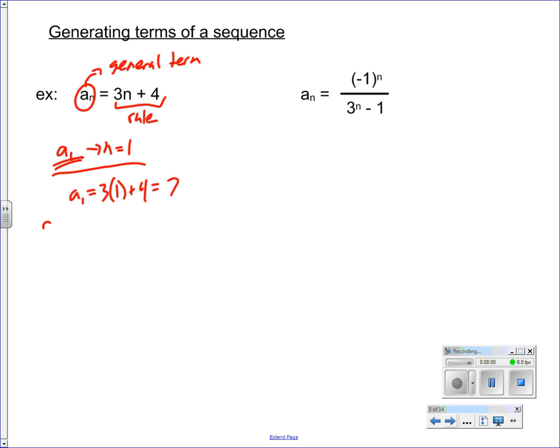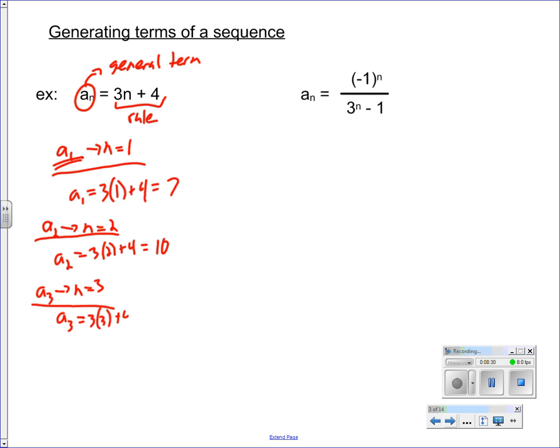Same idea for a2. We're plugging in n equals 2, which means the second term of the sequence. So a2 would be 3 times 2 plus 4, which would be 10. Same idea, a3, we plug in n equals 3 and evaluate. That's 3 times 3 plus 4, 13.